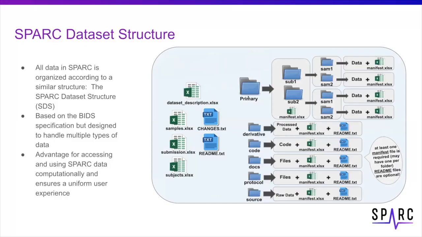The SPARC dataset structure basically says you can have primary data for a subject, you can have derived data for a subject, you can have raw data for a subject. And those are 3 different types. So if you go to a SPARC data set, you'll see a folder called primary, you'll see one called source, and you'll see one called derivative. If you open those up, you'll see subject 1, subject 2, subject 3, subject 4.